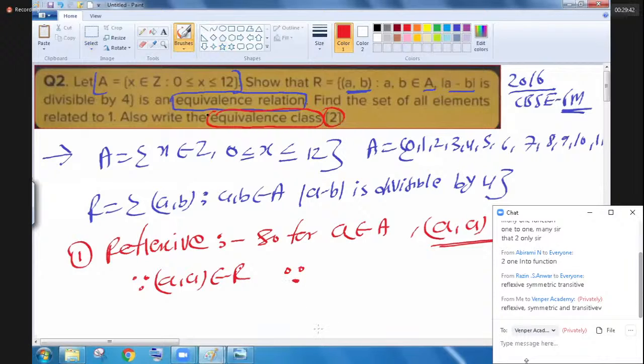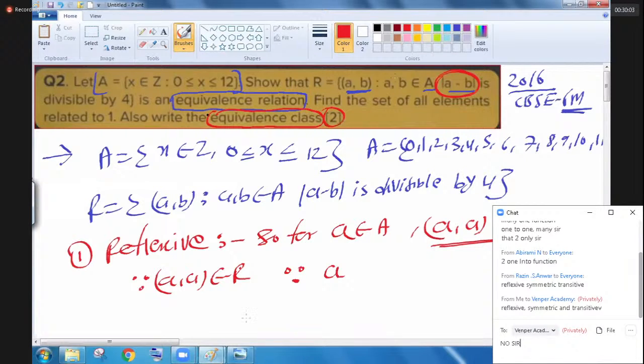Now you have to verify, will it be reflexive? The relation is defined such that the modulus of a minus b should be divisible by 4. So can you please tell me, if I make the ordered pairs (1, 1), (2, 2), (3, 3), (4, 4), will they satisfy the condition that a minus b is divisible by 4?